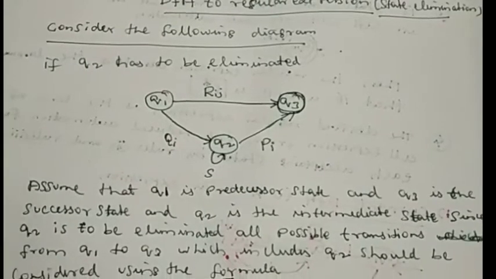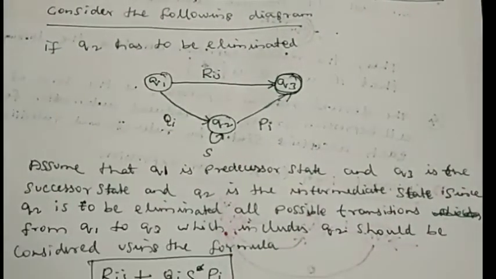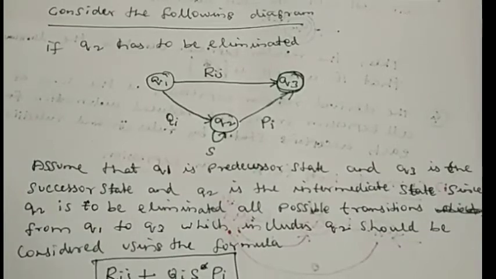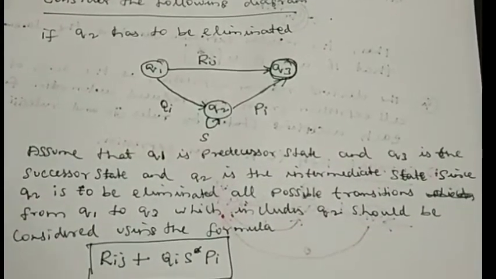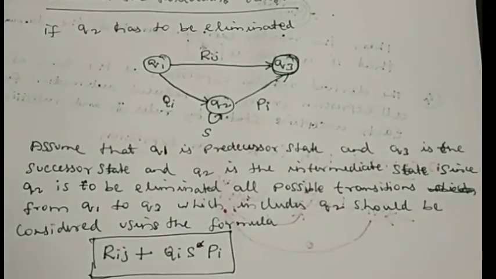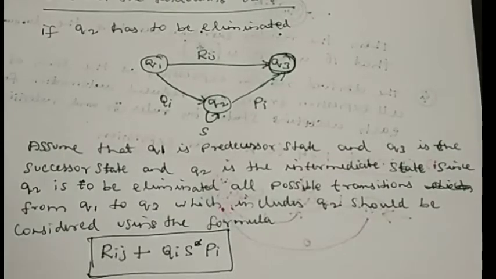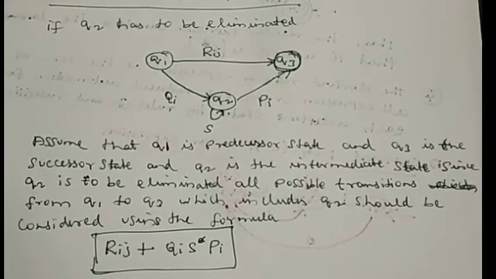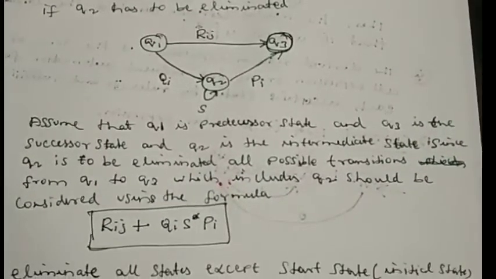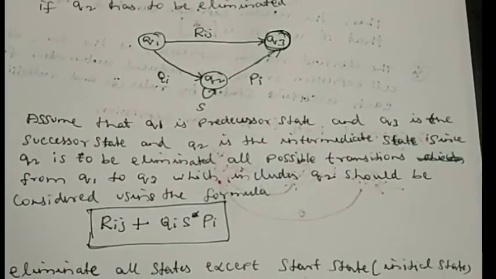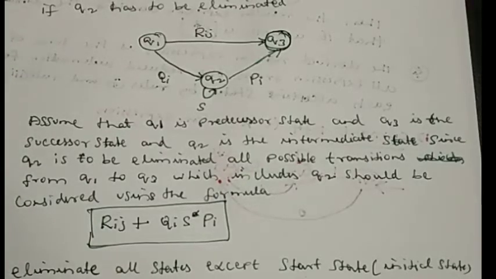Now if this is the form and I want to eliminate all the intermediate states, in this case Q2 is the intermediate state. To eliminate Q2, I have to take all possible combinations, all possible transitions, which include Q2. While considering all possible transitions, you apply this formula: Rij plus Qi S star Pi, where S star is the self loop of the intermediate state.